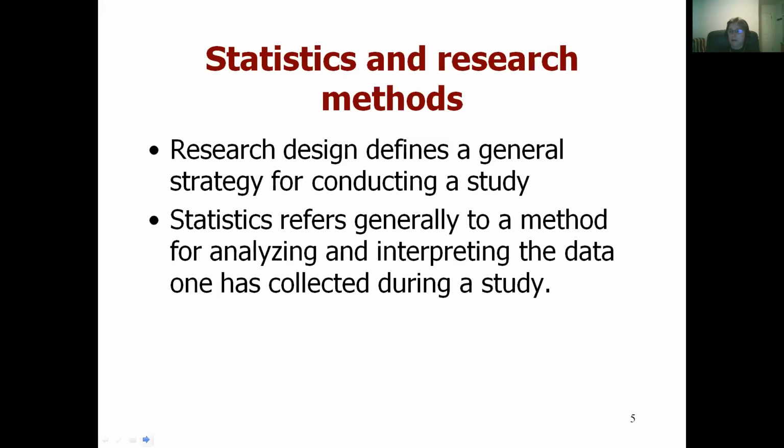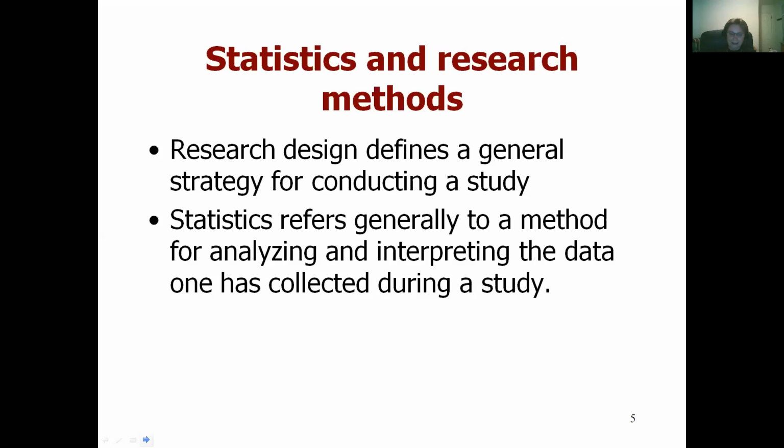All right. So research design, as we just looked at in our research flowchart, is a strategy to think about a topic, design a study, use a particular method, collect your data, analyze your data, and write up your results. Now, statistics is only that one little part, analyzing the results.